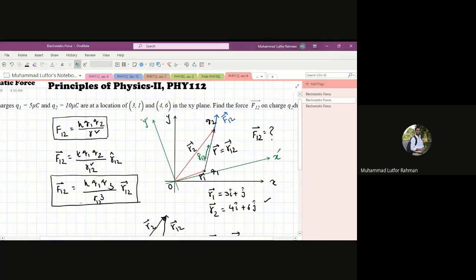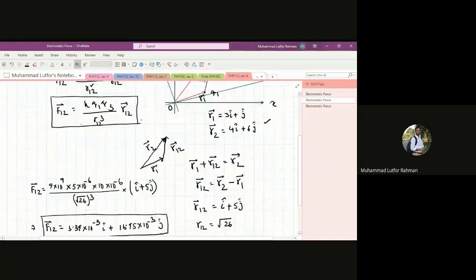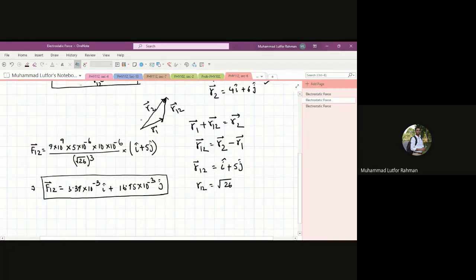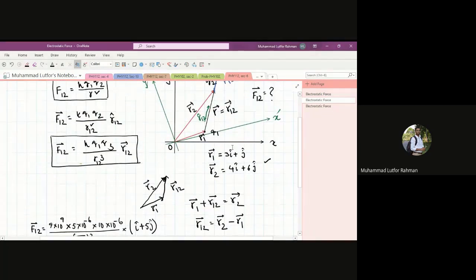Say from your frame of reference, x and y, you found the force is that one. What will be the force in the x prime and y prime frame of reference? Will it be the same or different? If you can answer this one, I will give you some bonus marks. Can anyone answer this question?